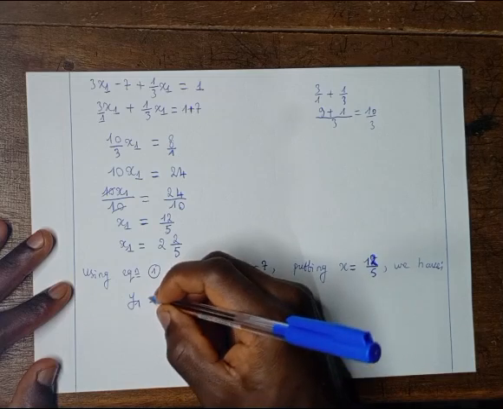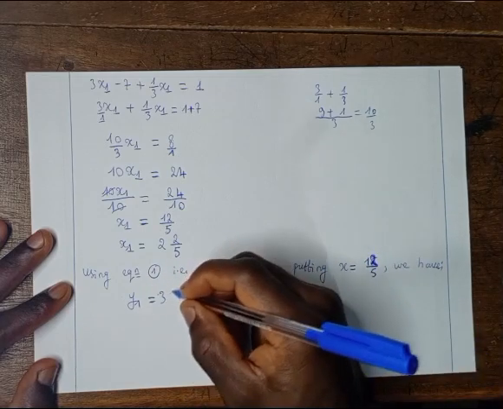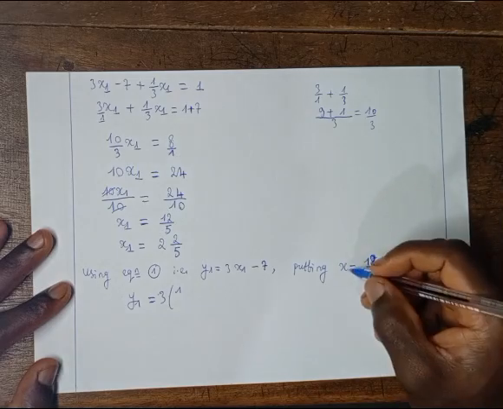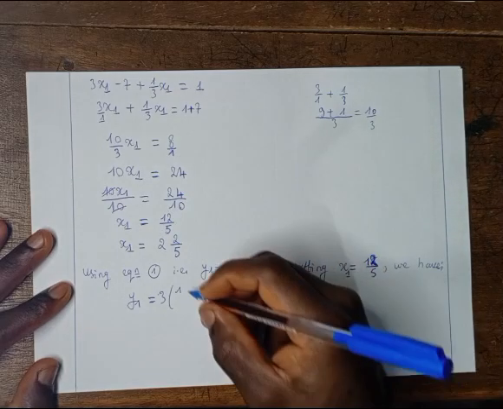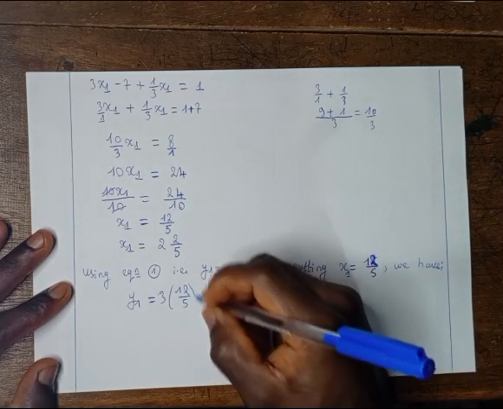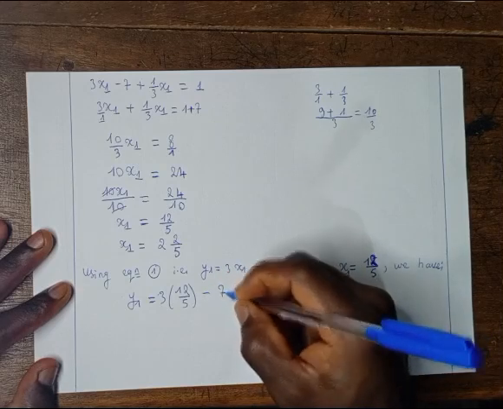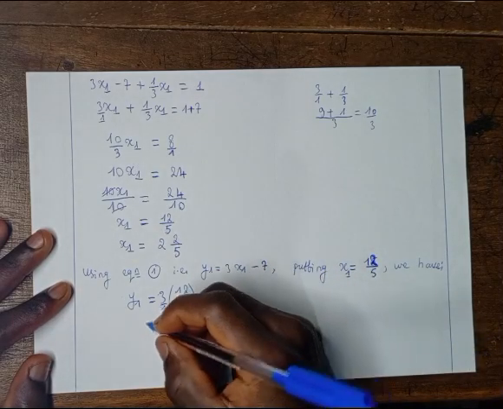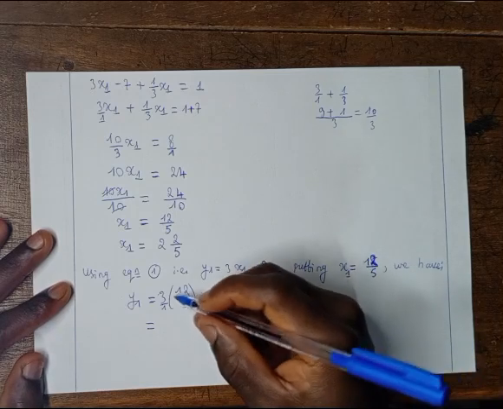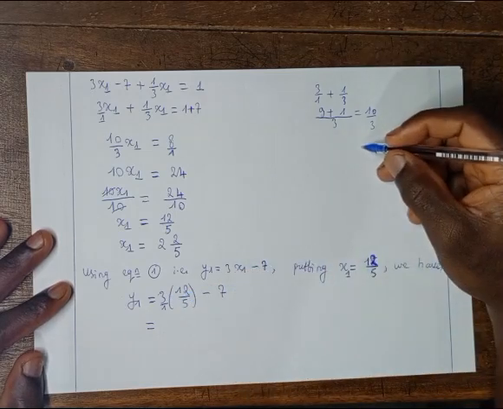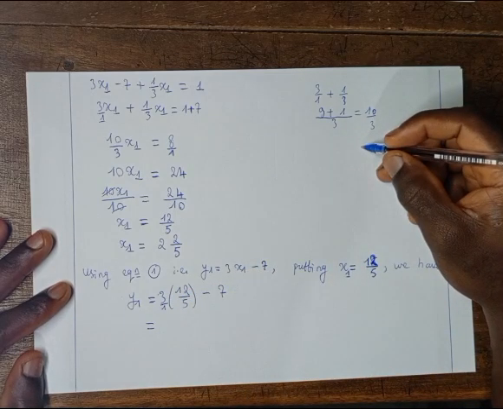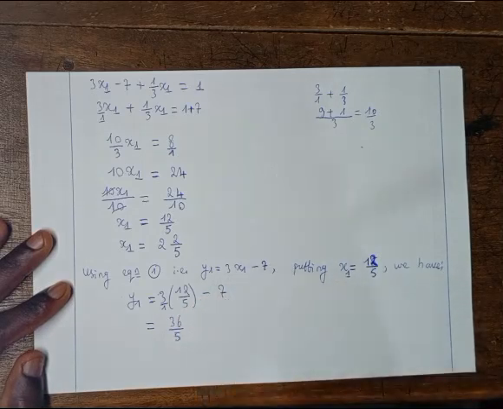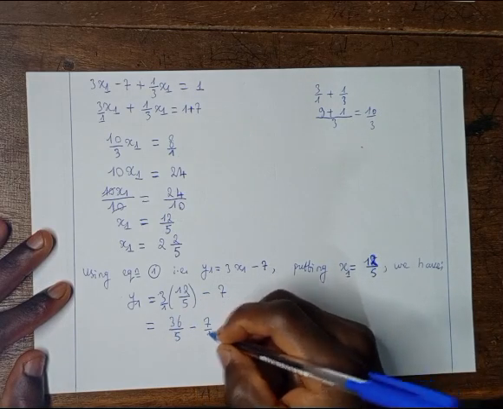This will give us y1 to be equal to 3 times, I'll replace x1 with 12 over 5, minus 7. This will give us, 3 times 12 will give us 36. This will give us 36 over 5 minus 7 over 1.